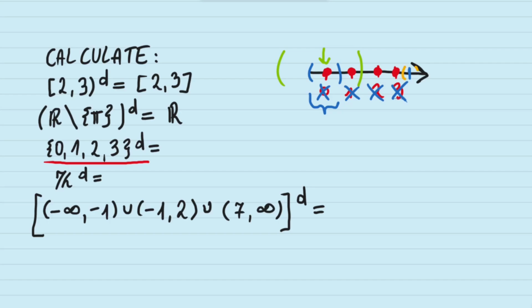For example, this neighborhood contains nothing in there, and we can easily find many such neighborhoods, actually an infinite number of them. So what does it mean? Well, if the derived set is the set of all limit points of some set, and we just saw that there are no limit points of this set, then simply the derivative of this set is the empty set. So there is nothing that fulfills the definition.